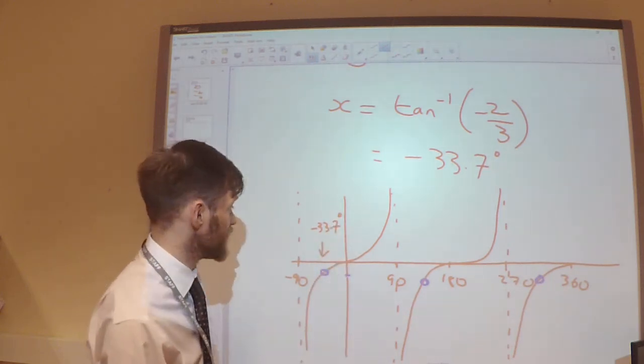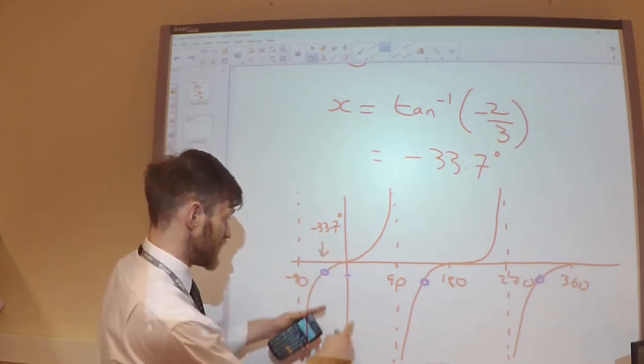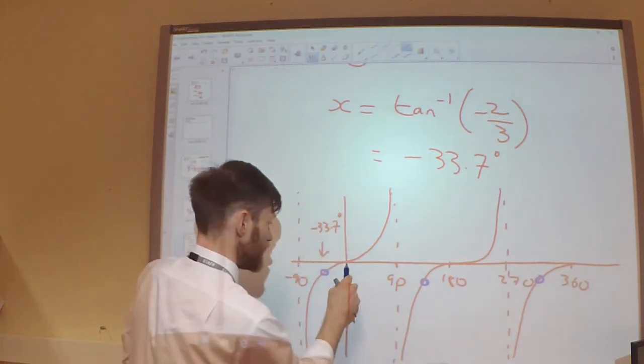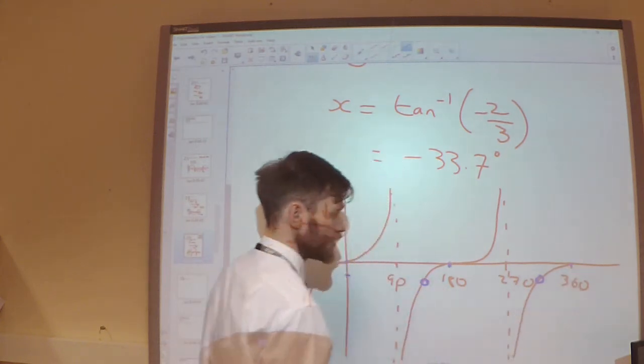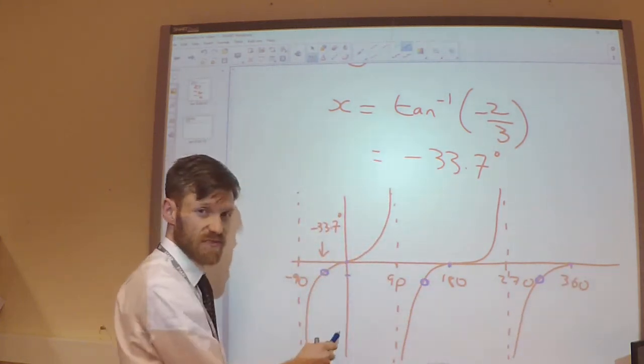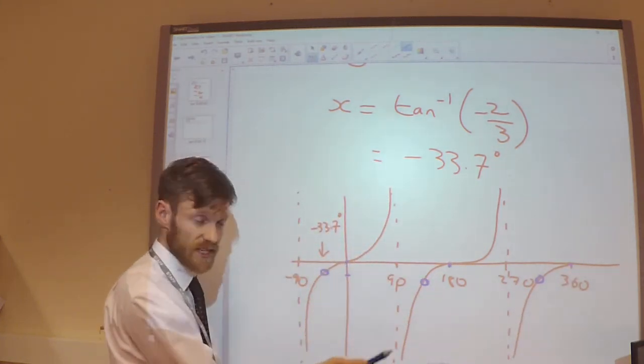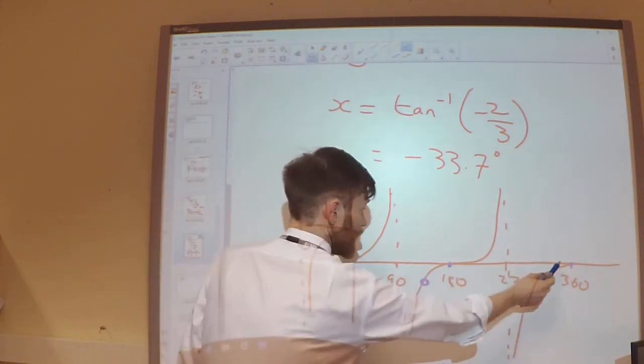So, using the symmetry of the graph, I'm comparing this point here to this point here and this point here, because these are the points on the graph where my tan is equal to 0. 0 here, here, here.